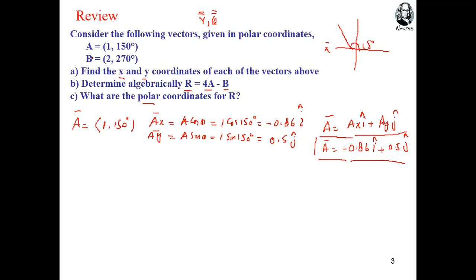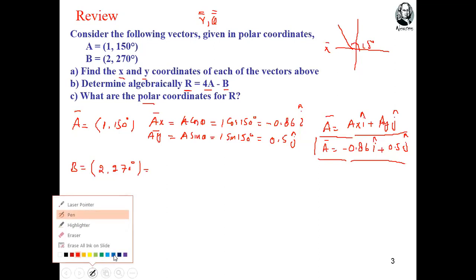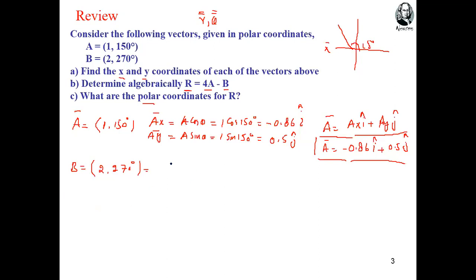Now we have the second one, B vector, where B is equal to 2 and 270 degrees. This means that the magnitude is 2 and the angle is 270 degrees. Same, we can find the B_x component, where B_x is B cos theta, and the B_y component is B sine theta. B is 2 and we have cosine of 270 degrees.